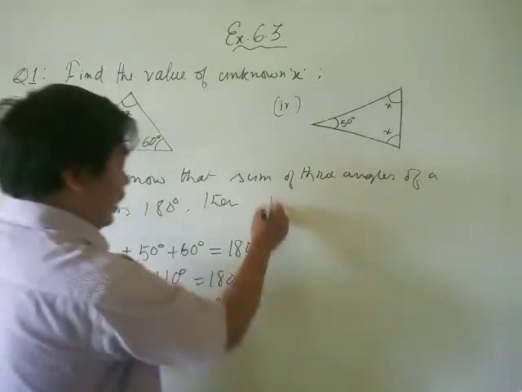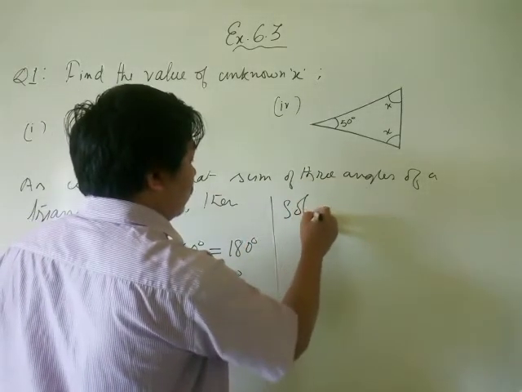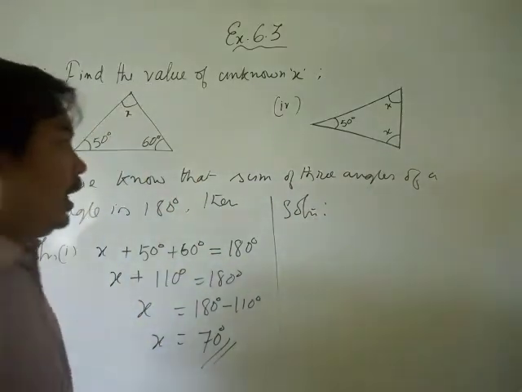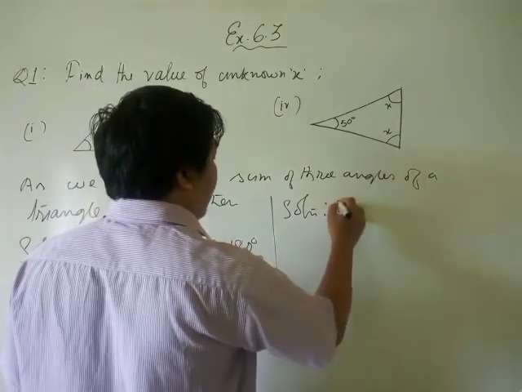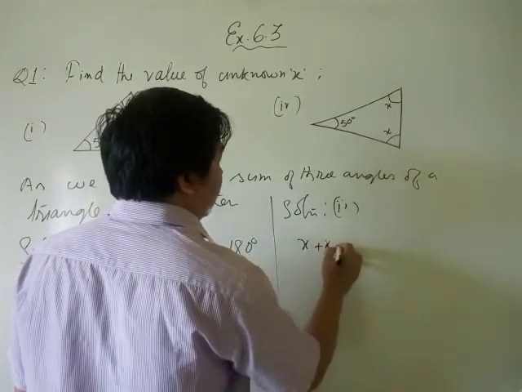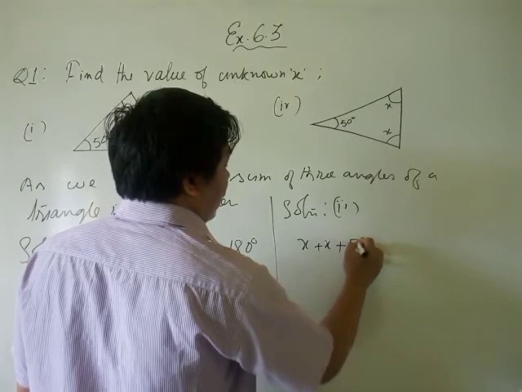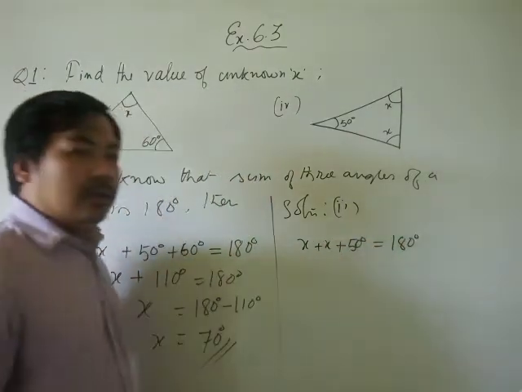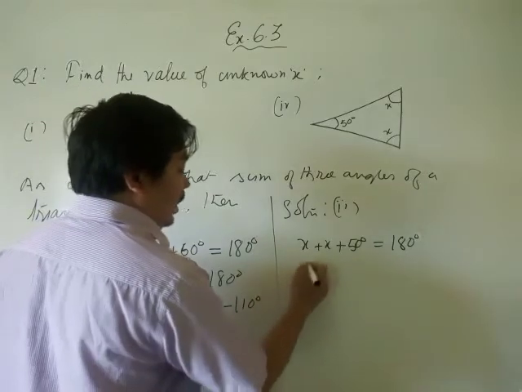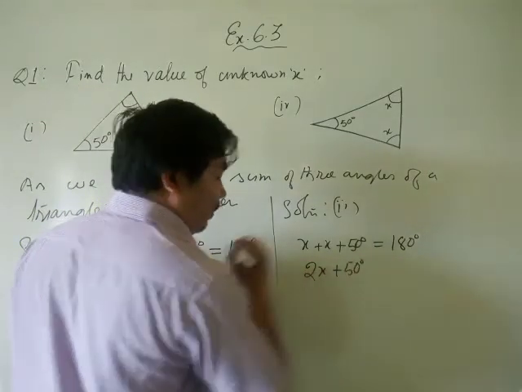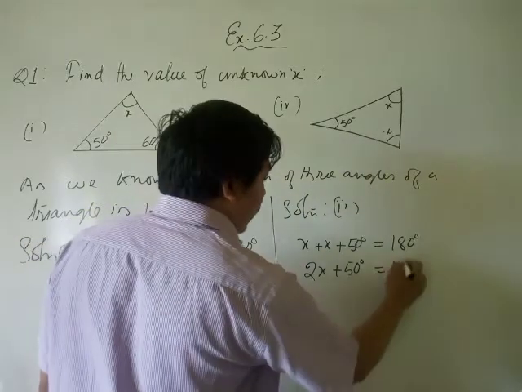Likewise, in solution 2 also, we know that the sum of three angles of a triangle is 180 degrees. Then we have like this, x plus x plus 50 degrees equal to 180 degrees. 2 times the x is adding here, you get 2x plus 50 degrees equal to 180 degrees.